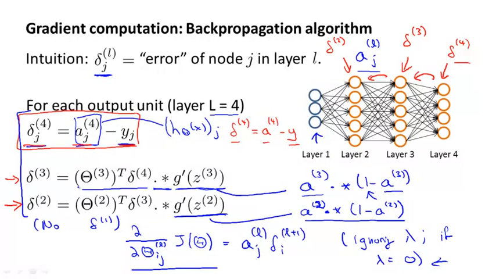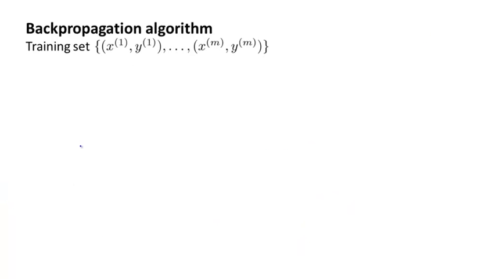Let's put it all together to talk about how to implement backpropagation to compute derivatives with respect to your parameters, for the case of a large training set, not just a training set of one example. Suppose we have a training set of m examples. The first thing we're going to do is set these capital delta L subscript ij. This triangle symbol is the capital Greek letter delta; the symbol we had on the previous slide was the lowercase delta.